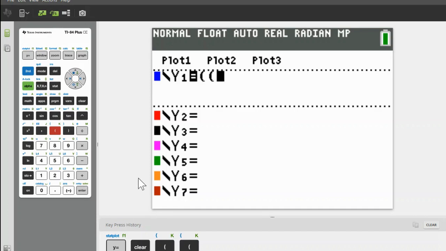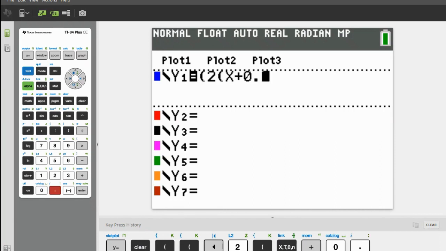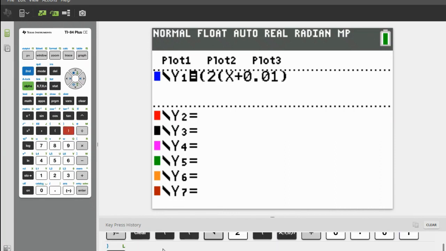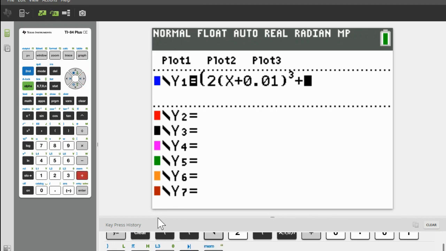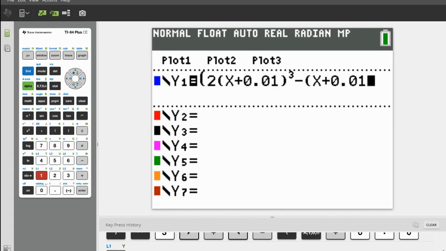That is going to be 2 parentheses x plus 0.01 cubed plus, oh, did I have the equation correct? No, minus (x plus 0.01).